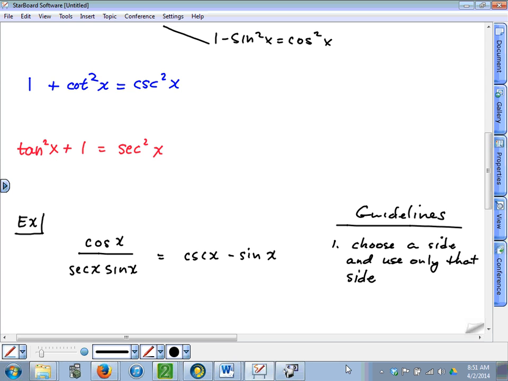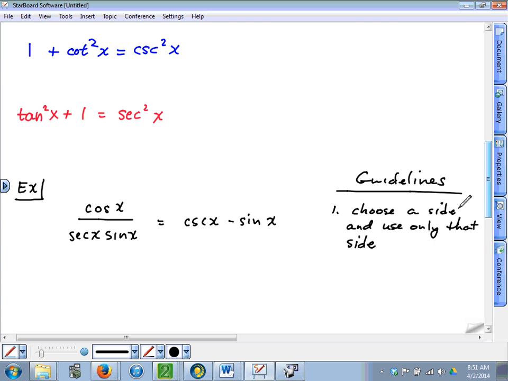So considering the two, which one would we maybe consider? And sometimes it's not an easy distinction, but between the two sides, which one seems more complicated? The left side, that's what I would say, maybe the left side. So we're going to choose the left side and use only the left side. Once you've chosen a side, you use known identities.